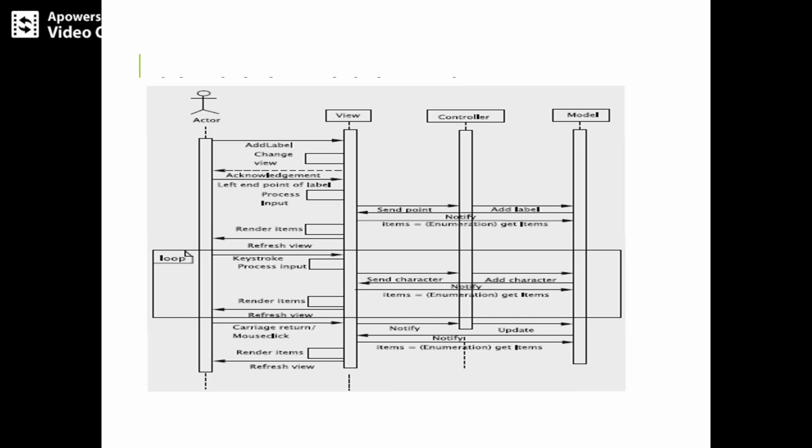Like that, a carriage return or mouse click button will be there, which we need to notify, and update it with the help of this variable, stored item equal to enumeration of get item. Similarly, refresh the view, which will be stored in a particular model. So this is, we can say, the sequence of operations of adding a label.